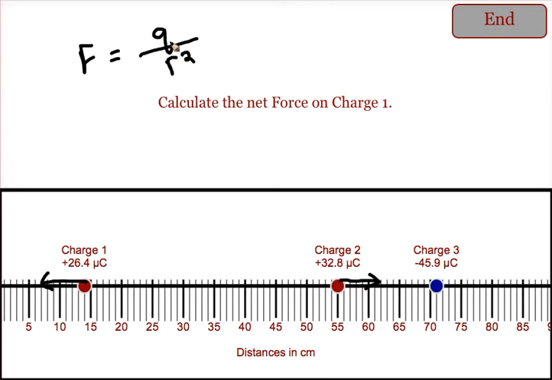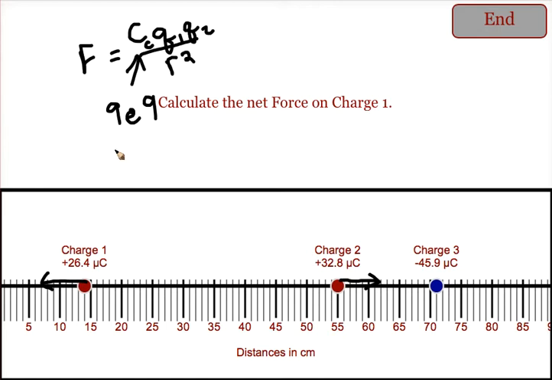Instead of masses like we had with gravity, it is now the product of the two charges. So the more charge that our objects have, the greater the force they will create. And then the value for the constant for electricity is going to be 9e to the 9th.